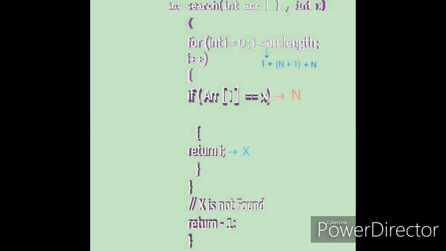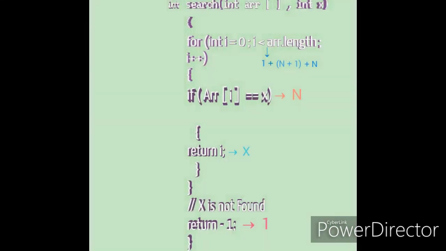So, the loop runs n times, so the if statement will also happen n times. The return statement inside is never executed in the worst case because we are never going to return from inside this statement. This is because x will not be found in the array. We can leave it now.